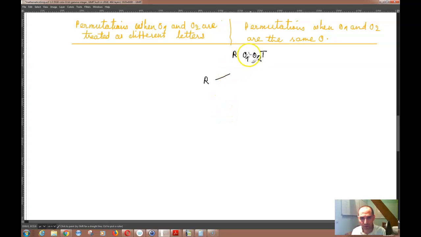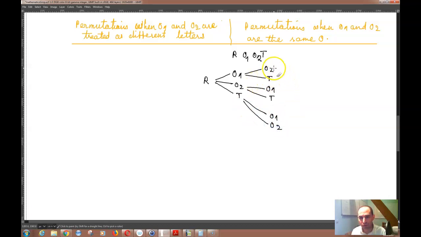Then relative to this choice, you have O1, O2 and T. Relative to this choice you have O2 and T. Relative to this choice you have RO2, so you have O1 and T. Relative to this choice you would have O1 and O2.